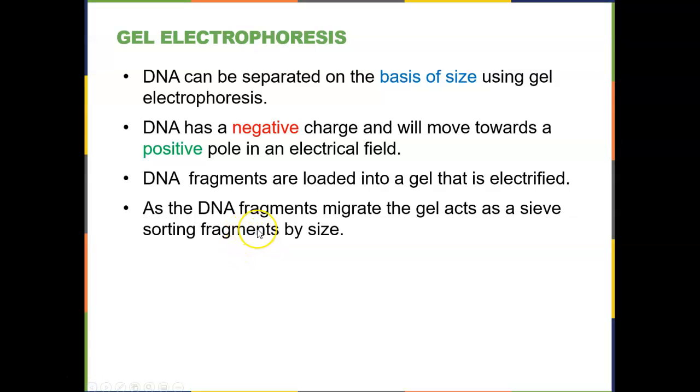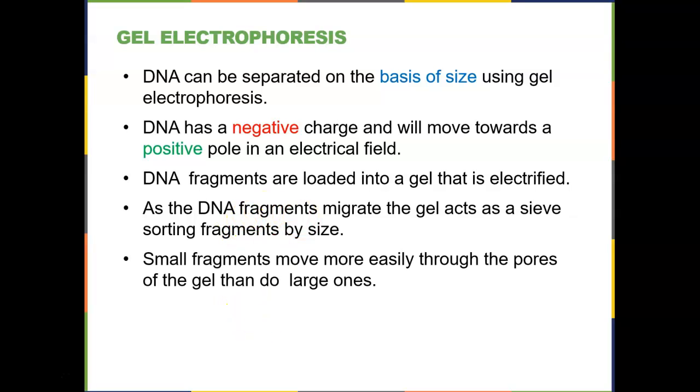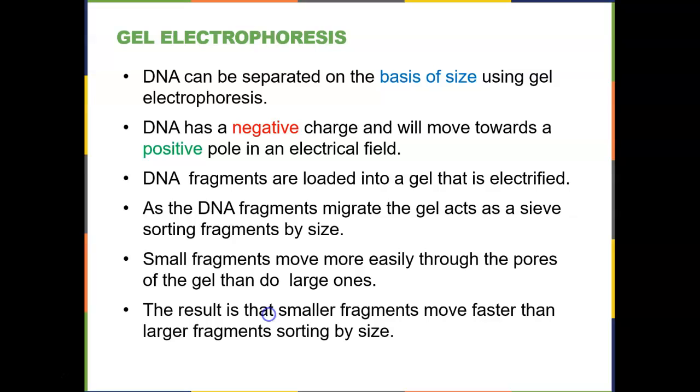And that gel has pores in it, which will sort the fragments by size. The smaller fragments go through the gel more easily than the larger ones, and the end result is that you can see a distribution of the fragments based on size, and you can actually collect them.